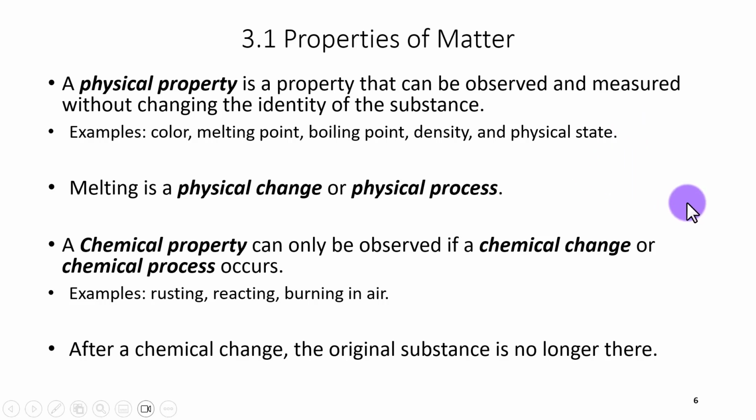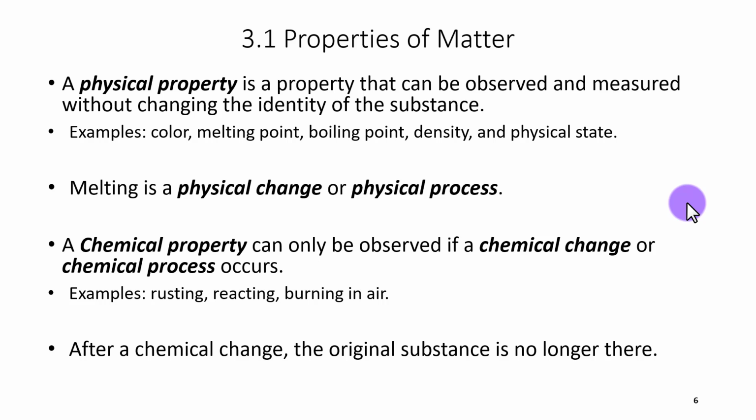When we describe substances, we talk about their physical properties and their chemical properties. What is the difference? Physical properties are those properties that we observe without changing the identity of a substance. So when we do the measurement, we're not changing it into something else.